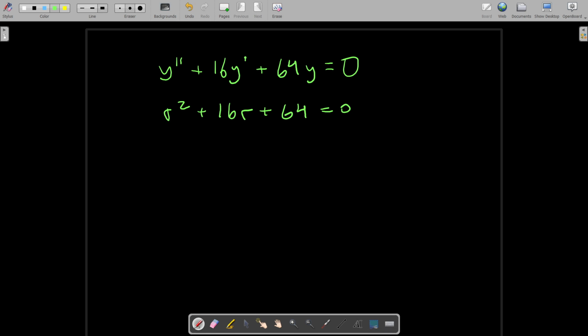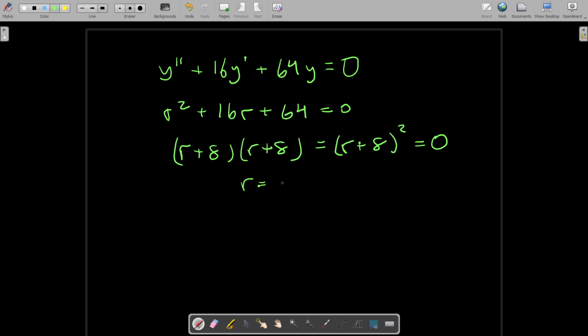We'll just factor that. That's just going to be r plus 8 times r plus 8, which we can write as r plus 8 squared. So clearly we're getting repeat roots, and that repeat root is going to be minus 8.